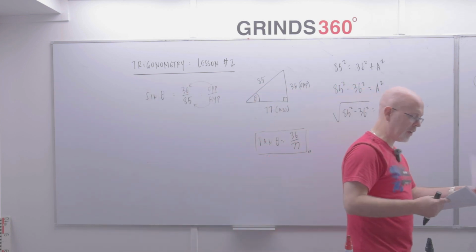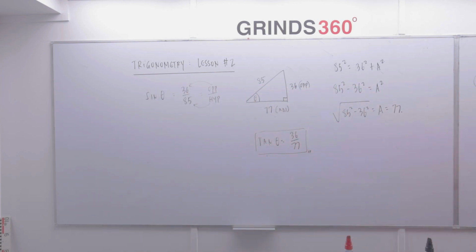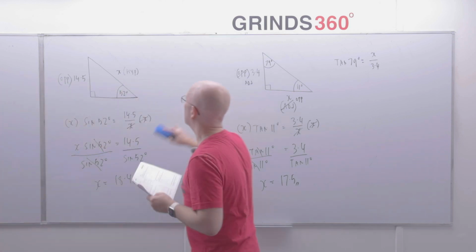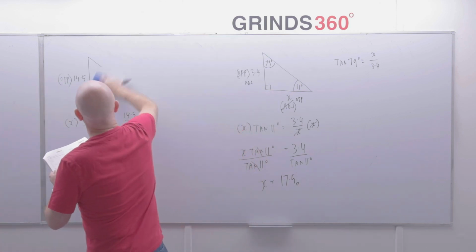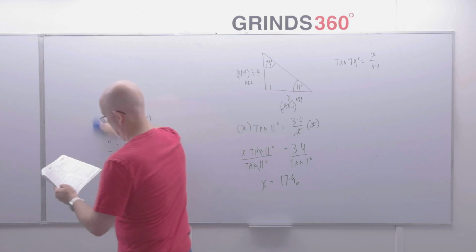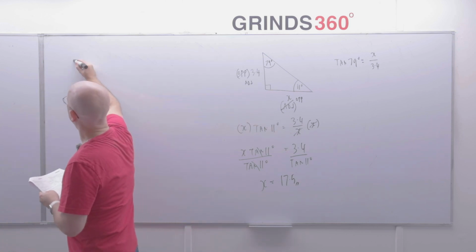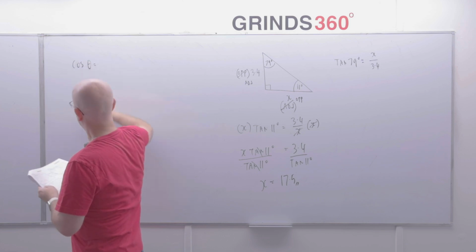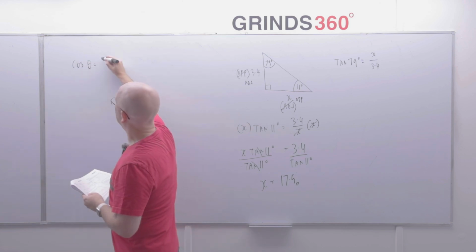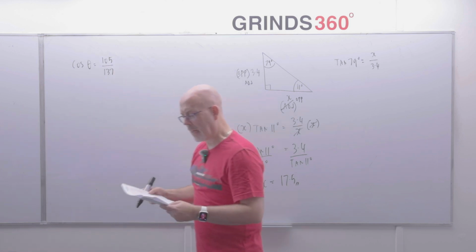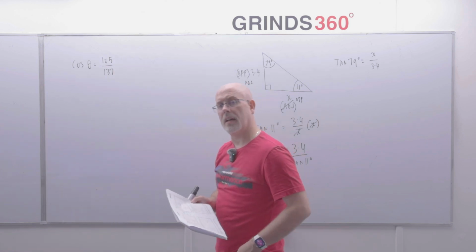So just to finish up then, if you look at the first question on page 16, question 2.3 there, it says if cosine theta is 105 over 137, can we find what sine theta and tan theta are?